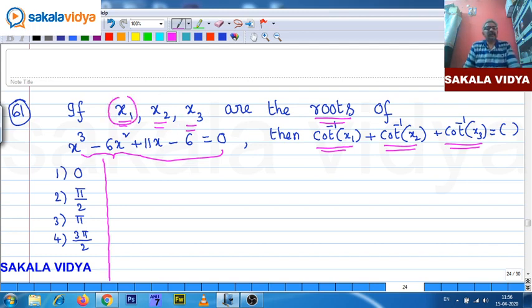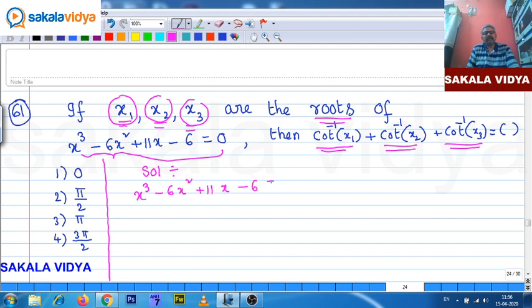As x1, x2, x3 are the roots of this equation, first we need to find out x1, x2, x3 values.